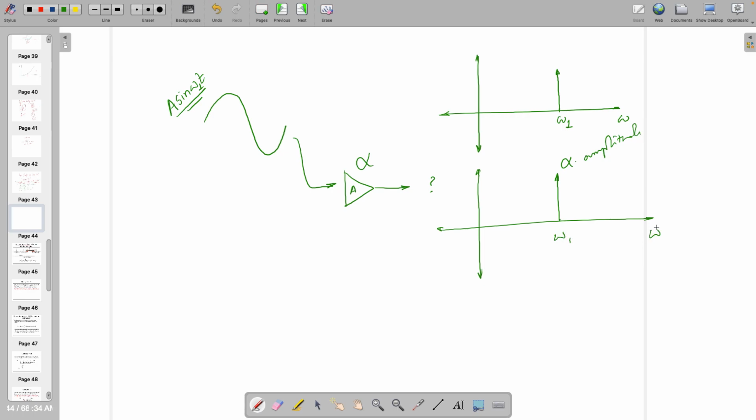This is what you are going to see through this amplifier. The amplifier is made up of MOSFETs, which is itself a non-linear device. It's not a linear device, it's a non-linear device.